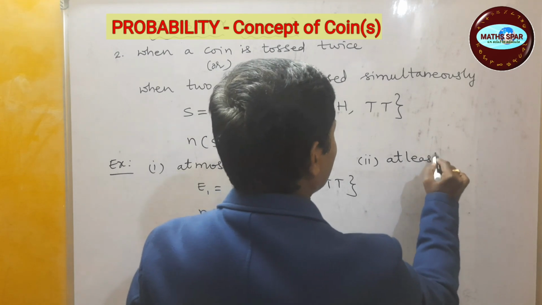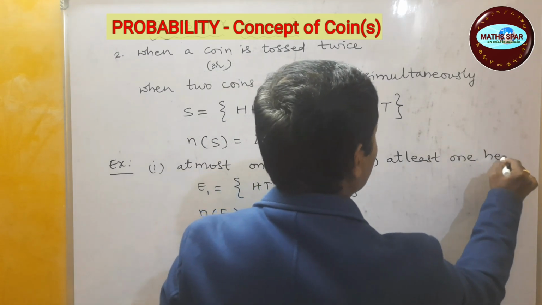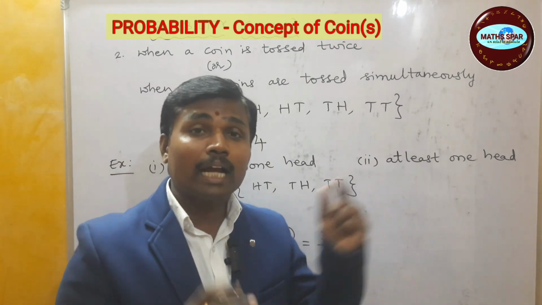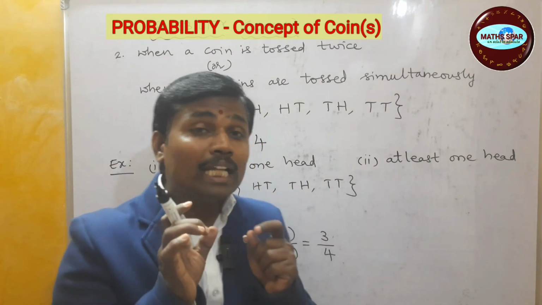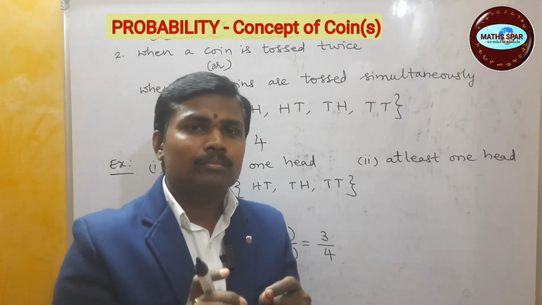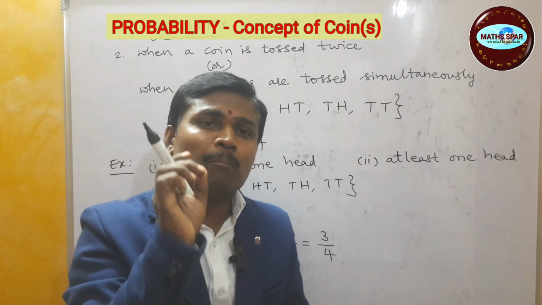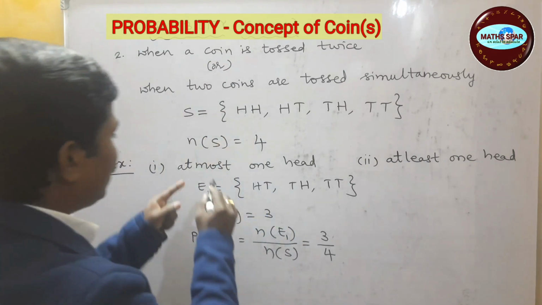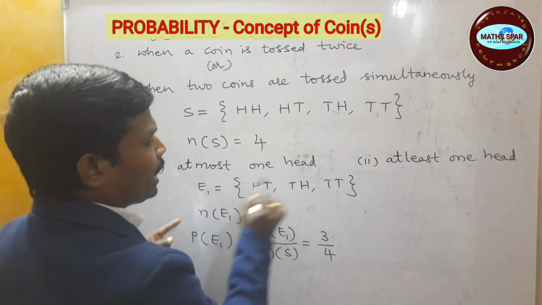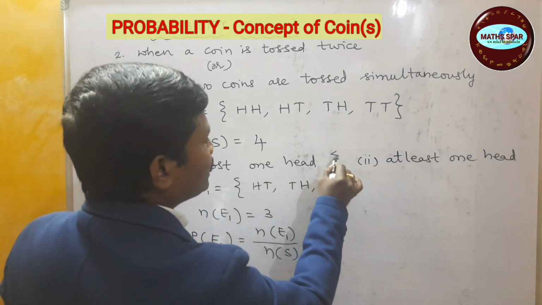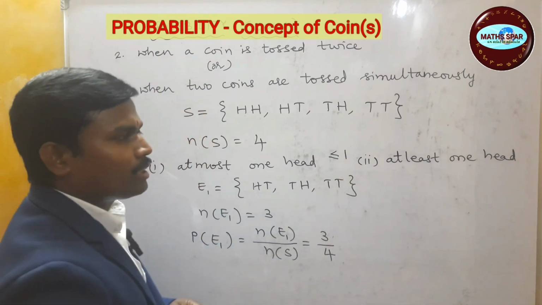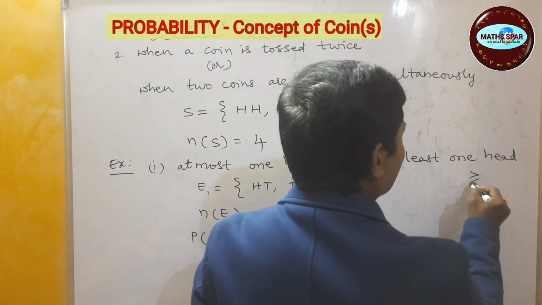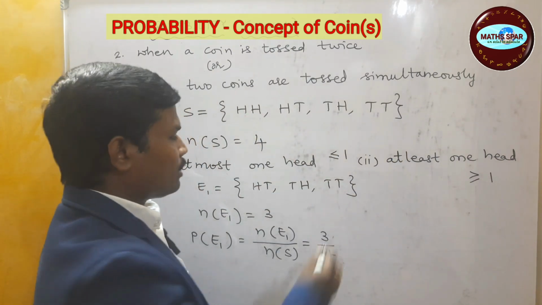At least one head. When we look at a question like at least one head, it means very clearly that one head is compulsory. So one and more than one. Here at most one head means less than or equal to 1. Here at least one head means greater than or equal to 1.